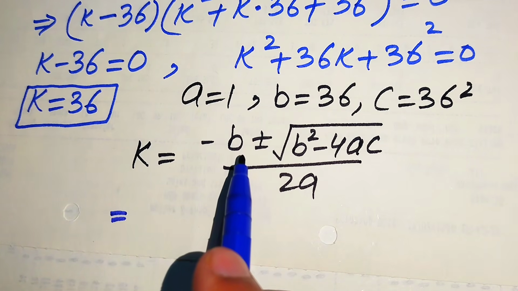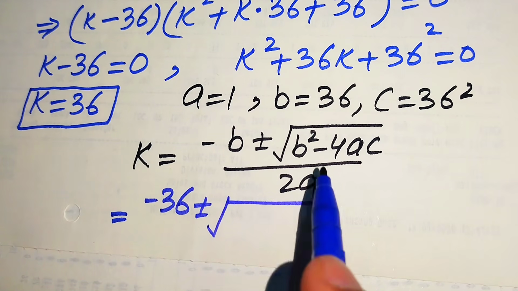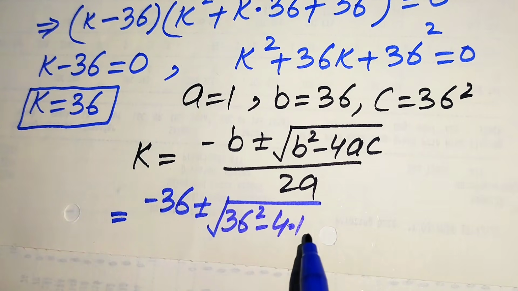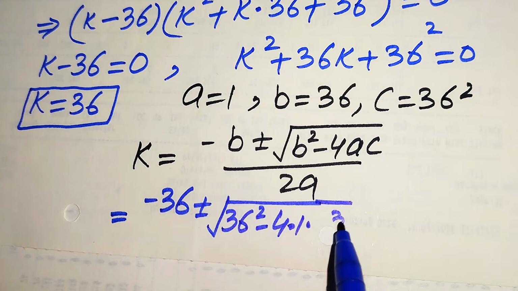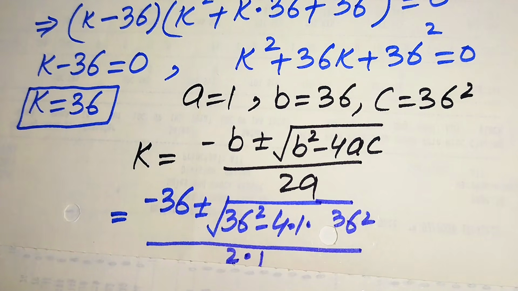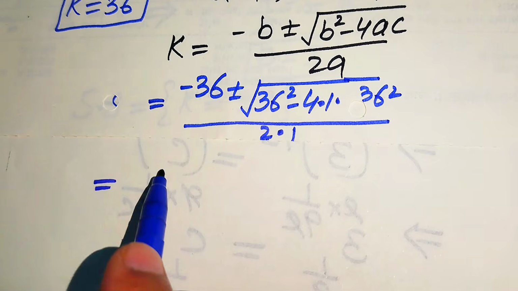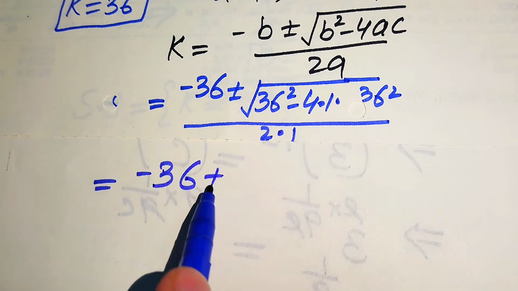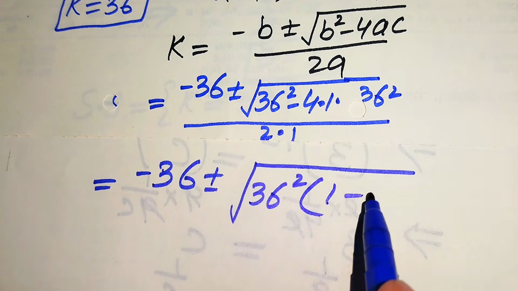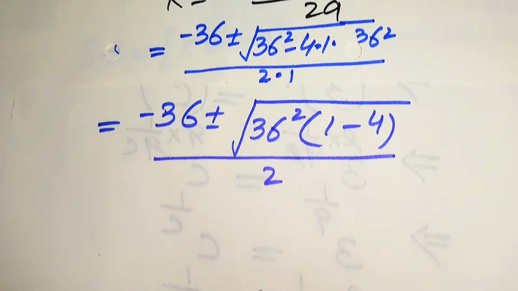The value of b is 36, so it becomes minus 36 plus or minus the square root of 36 squared minus 4 times 1 times 36 squared, divided by 2 times 1. In the next step we focus inside the square root sign: we take 36 squared common, and the remaining value is 1 minus 4.